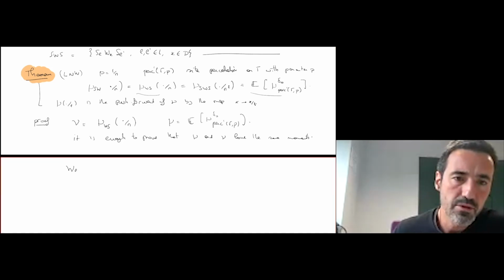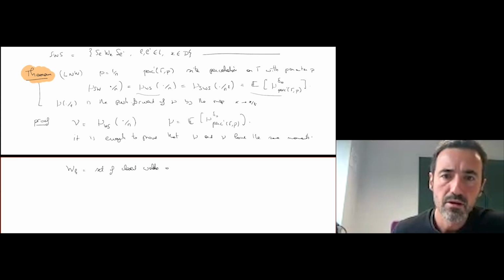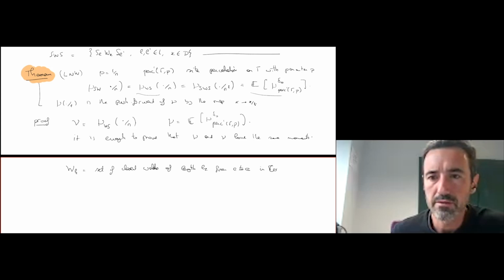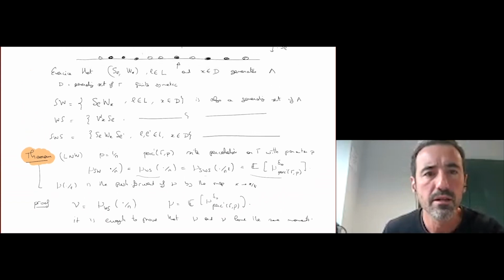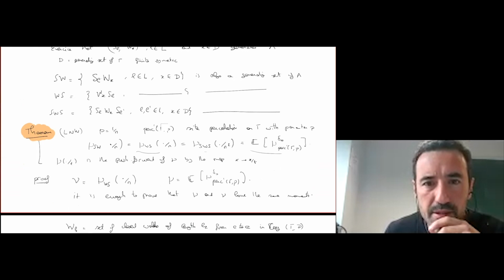So let's call W_k the set of closed walks of length k from e to e, where e is in Gamma, in the Cayley graph G. Sorry, there is something which was not clear.